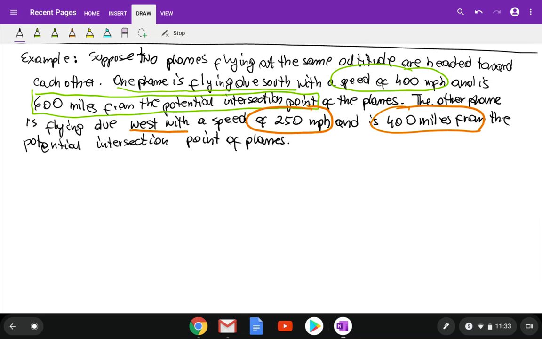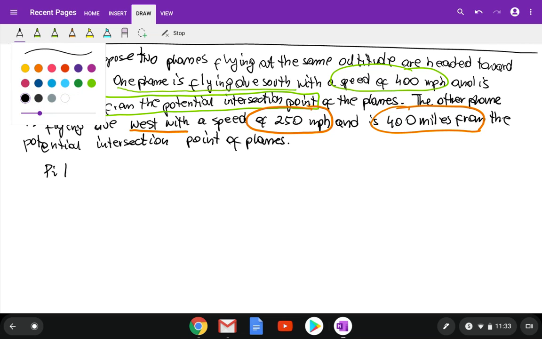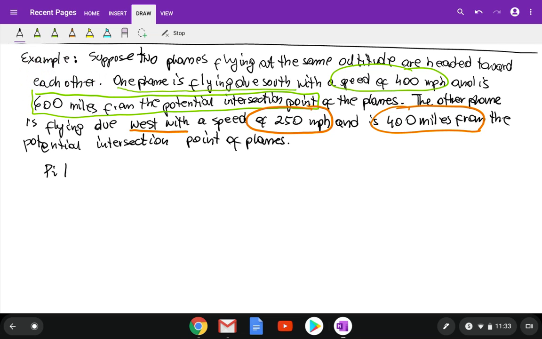First, let me draw the picture of this situation. We have plane 1 right here, and the first plane is flying south.